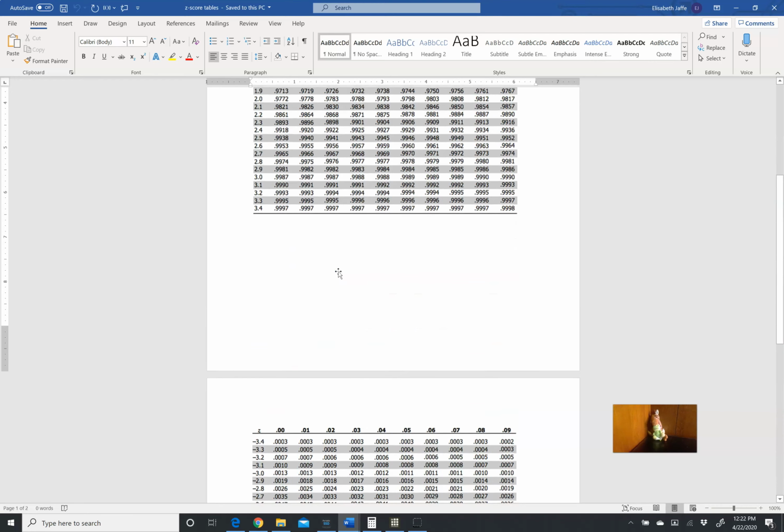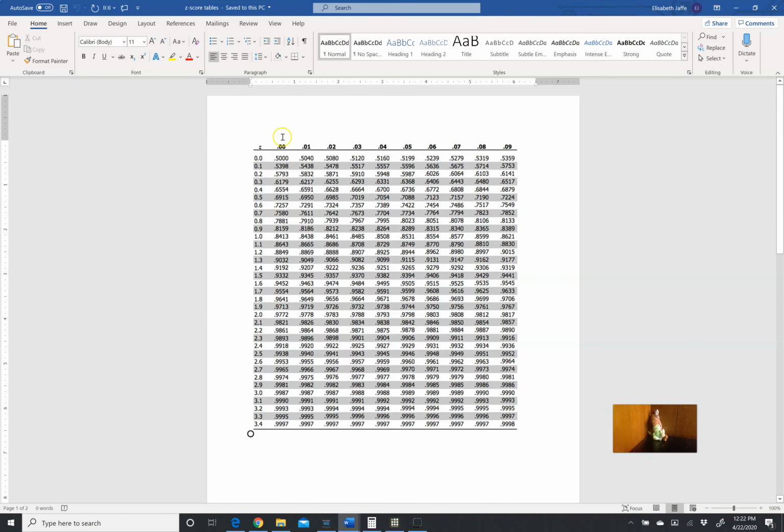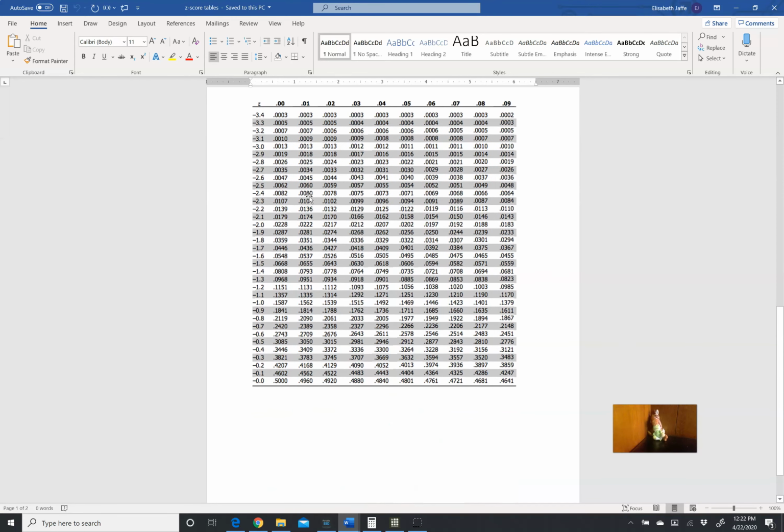So 0.41 is here. It's 0.6591. And then negative 0.27 is here. It's 0.3936.